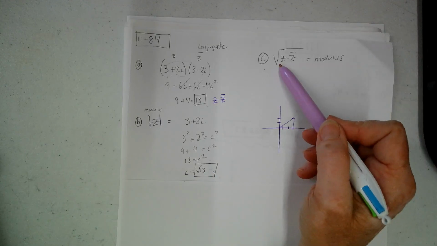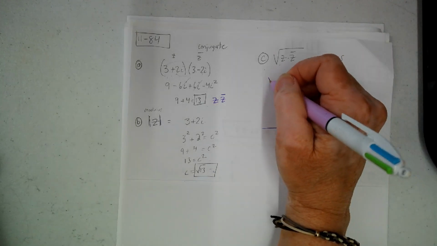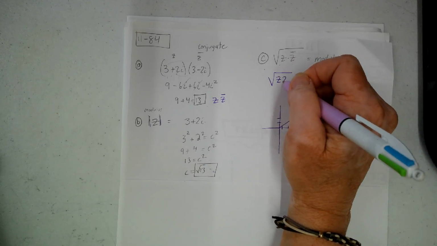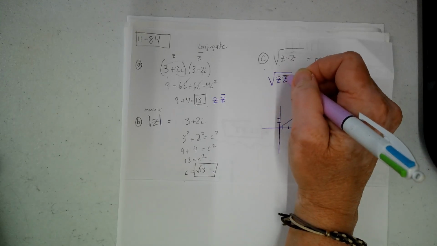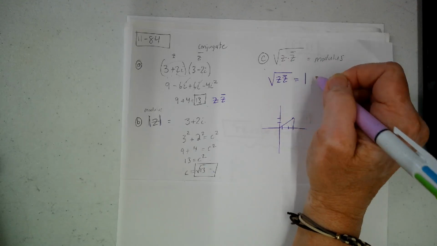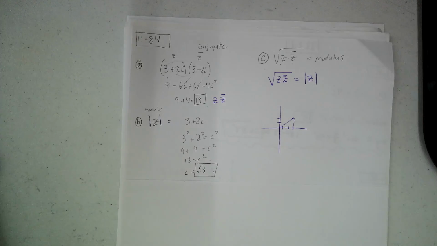They wrote it like this: the square root of z times its conjugate equals the modulus.